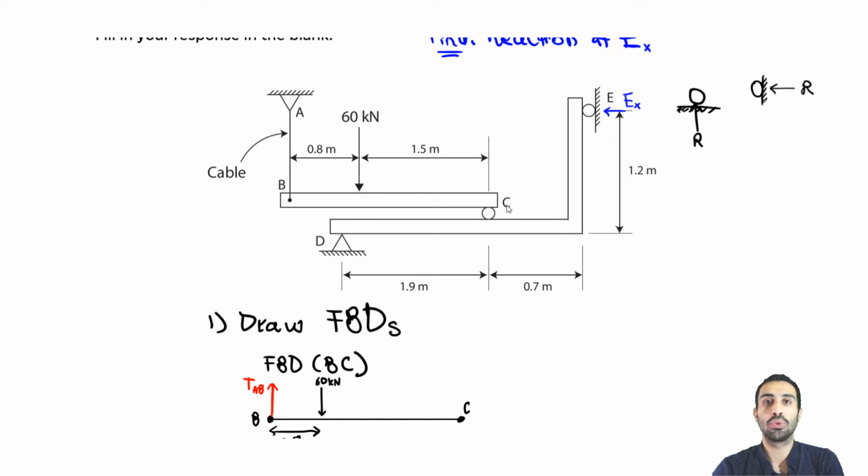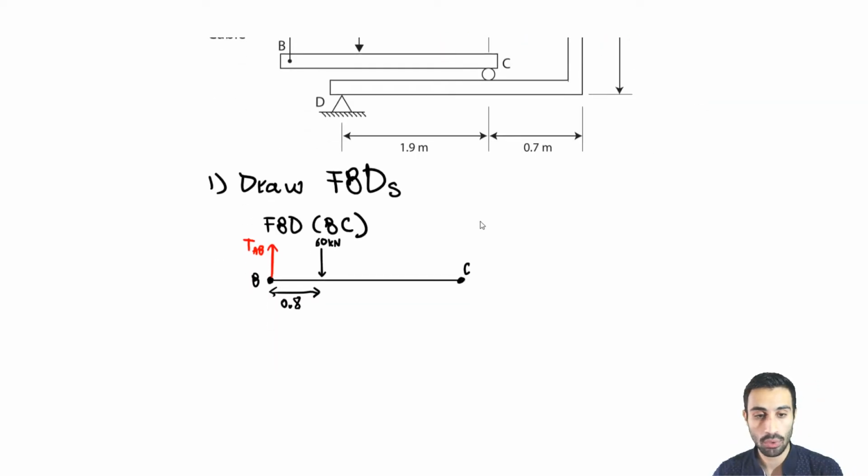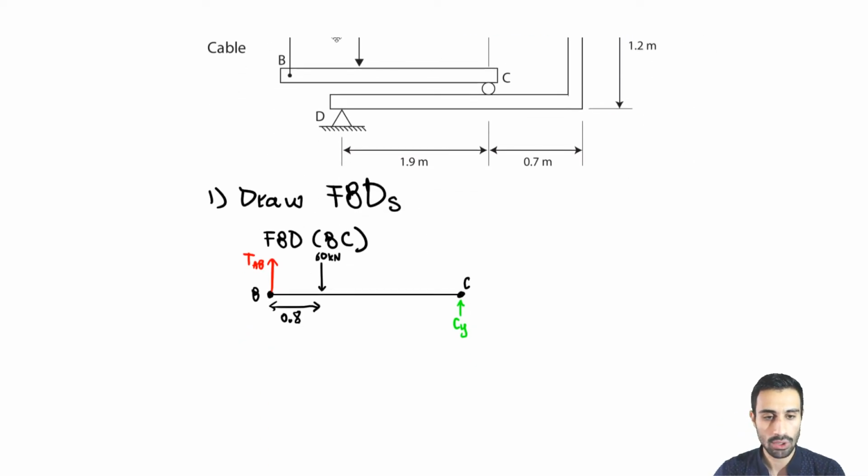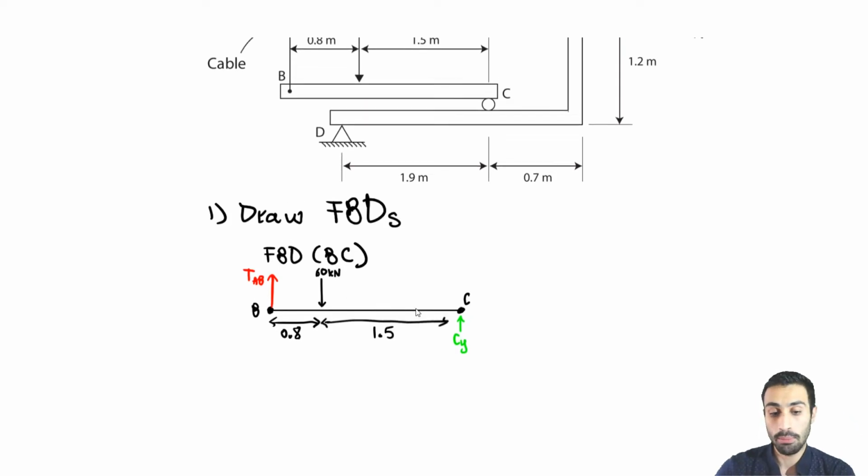We have a roller, so we'll have a vertical perpendicular reaction. In this case, it will be vertical. So I can label that in green, and it's going to be a CY reaction, CY, in the Y direction. Then let me label the distance, 1.5 meter. So now that's that free body diagram.